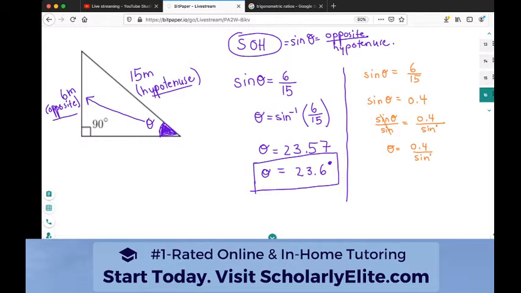And just like any time we have an unknown variable to the power of something in a denominator, we can move it to the other side and make it to the power of -1. So I'll show you what I mean. By moving it into the numerator, this becomes sine to the -1 times 0.4. And that's how we're solving our answer, which equals 23.6.